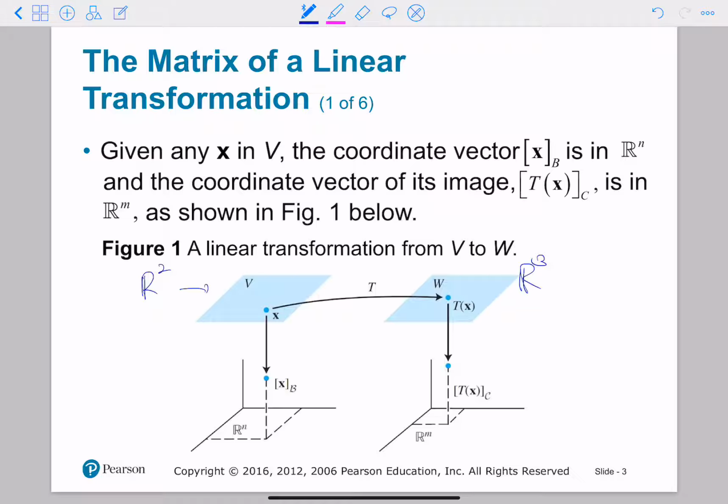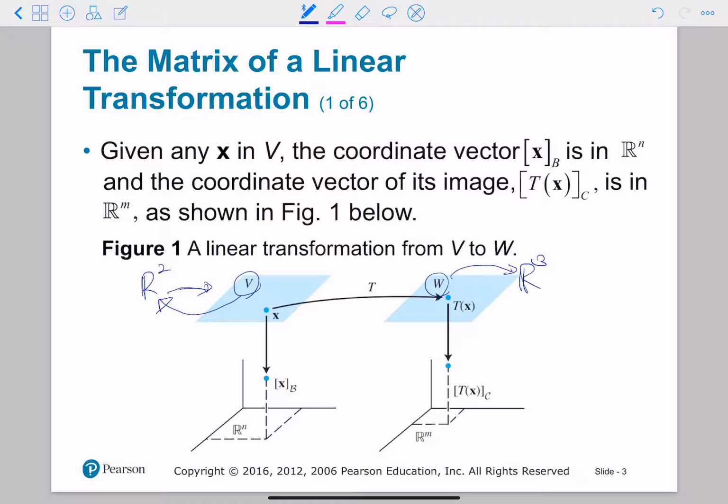In the 2-dimensional space, we can think of our domain as not the entire 2-dimensional space, but a general kind of subspace V, which is a part of R2. Okay, and also W, which is our range, belonging to R3.